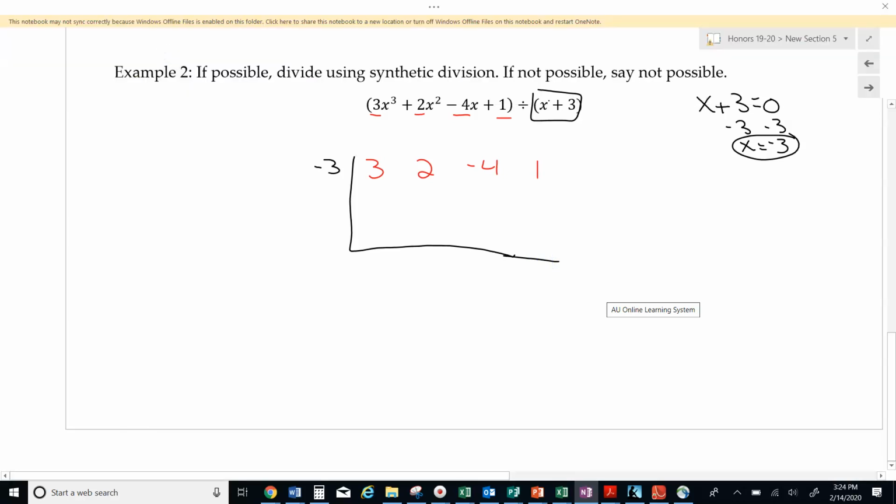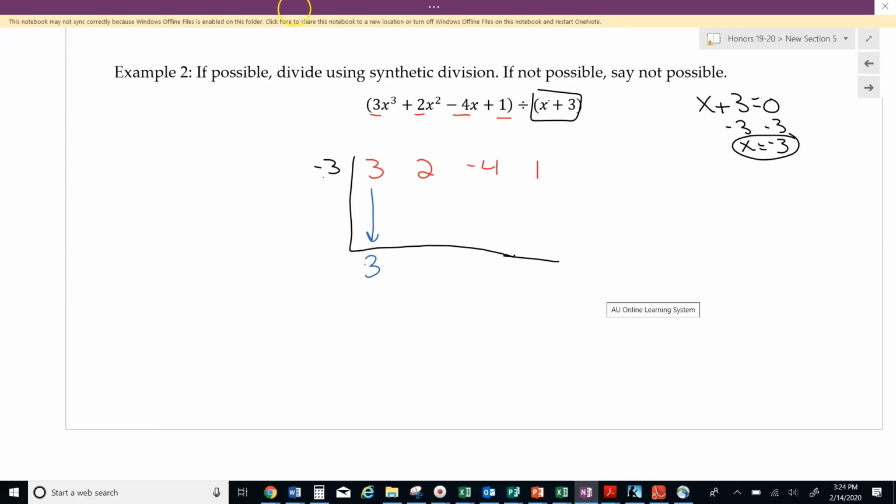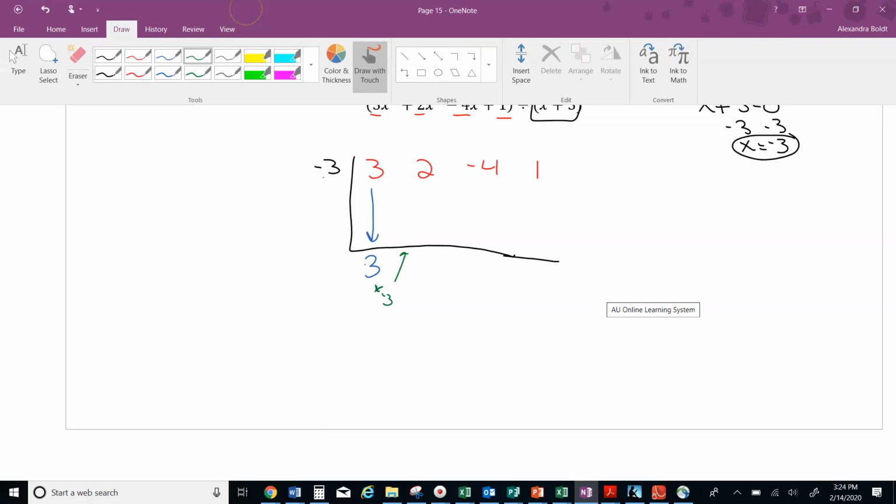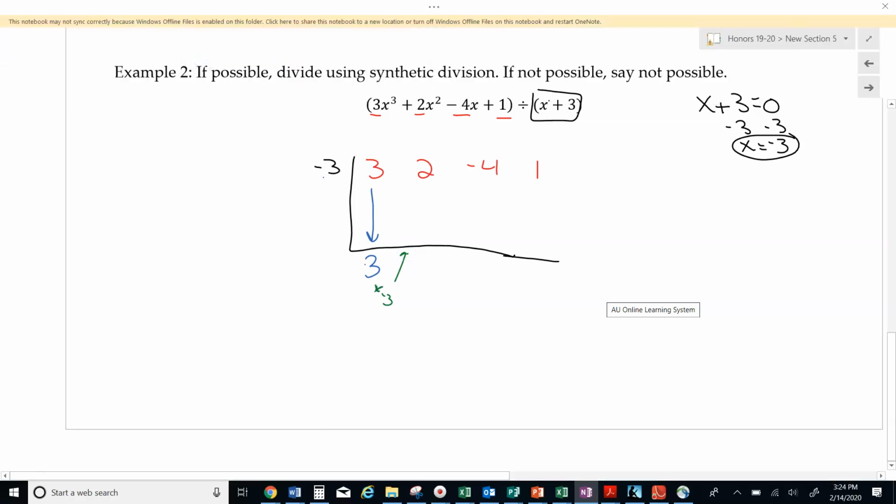First step, bring down the 3. -3 times 3, right? Then we multiply, and that goes here. We get 3 times -3 is -9.